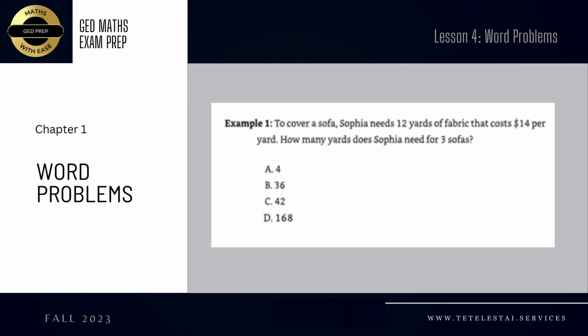The first thing was to put the question in your own words, right? So change this from Sophia and just pretend that the question says, Jaleesa needs 12 yards of fabric that costs $14 per yard. How many yards? Oh yeah, I see my mistake. I misread. It's 12 times 3. Yeah.